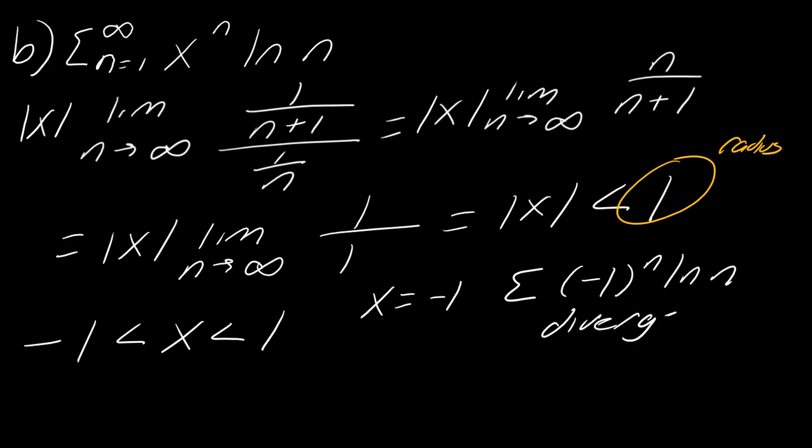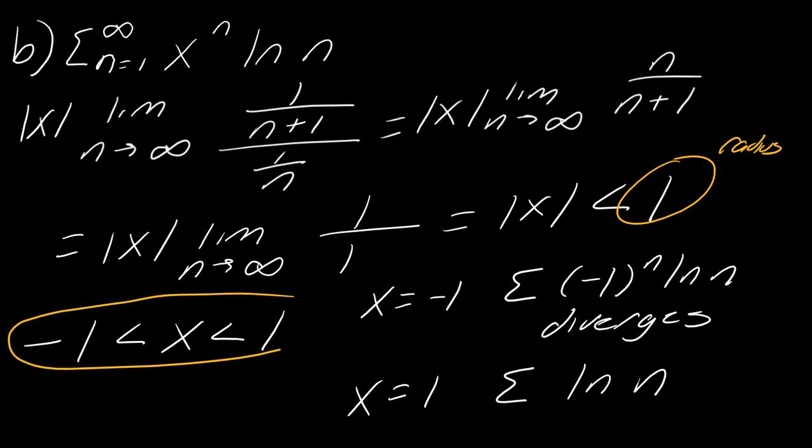You could also use the nth term test for divergence to prove that. If you take the limit of the n's as n goes to infinity, this whole thing is just going to end up diverging. So that's another way you can prove that. Same thing happens if x equals 1, because then I just get really this series here. This definitely diverges as n goes to infinity. So this is going to be my interval of convergence.